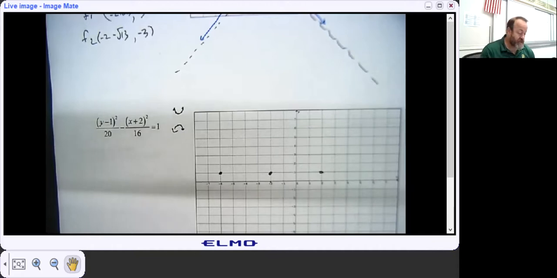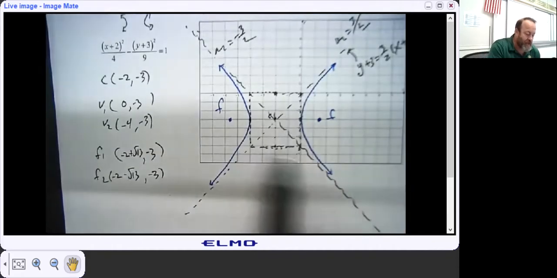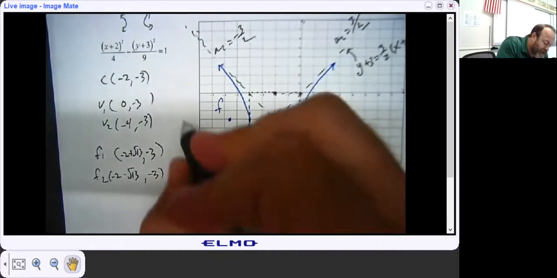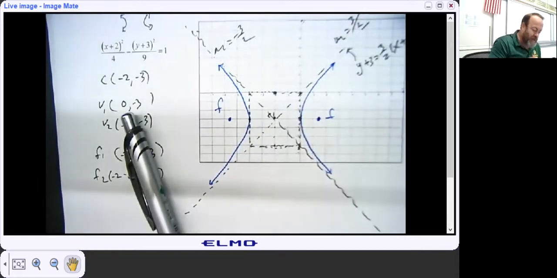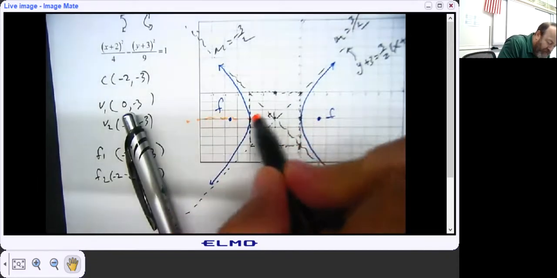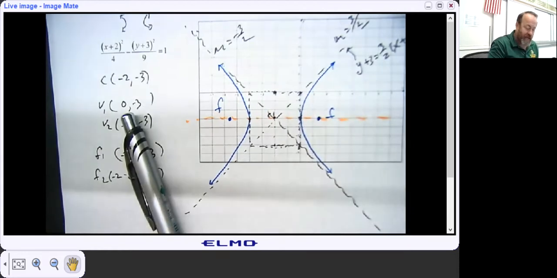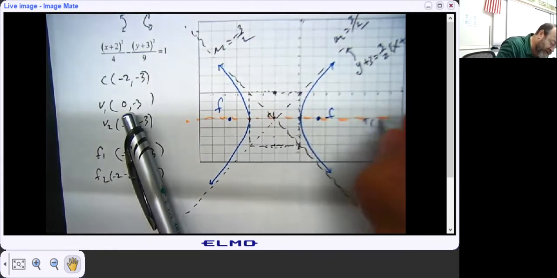By the way, this line that would go right through the heart of every piece of this, just a little anatomy thing, is called the transverse axis.